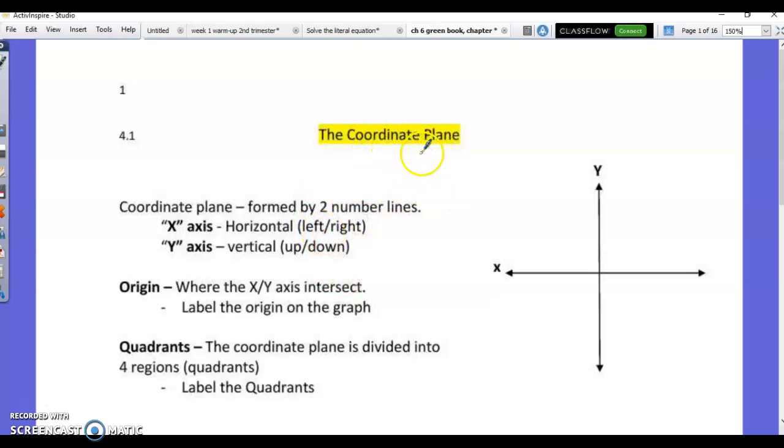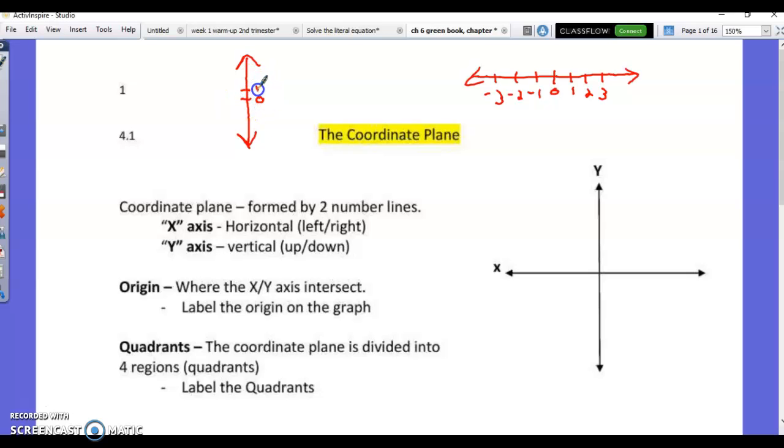So the coordinate plane is basically a giant plus that is made up of two number lines. If we think of a number line going this way, where we have 0 in the middle, anything to the right is positive, and anything to the left is negative. That's a horizontal number line. If we think of a vertical number line, think of a thermometer where we have 0 in the middle.